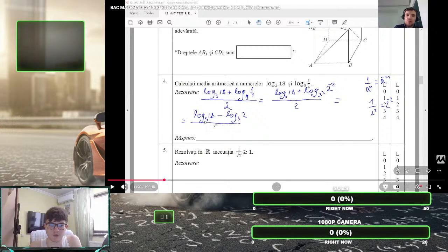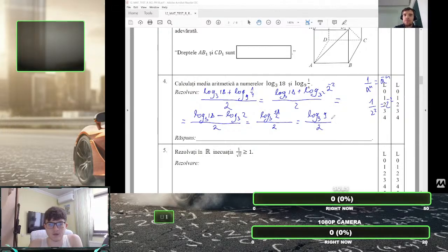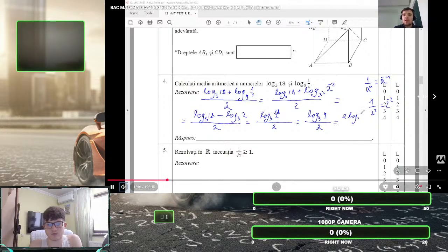And you just put a minus up front, so you get this. And based on the formula, you divide it like that, so you got 9, so you got 3 to the power 2, so it's just going to be 2 divided by 2, so it's going to be 1, because log base 3 just cancels out. So you have 1 right there.